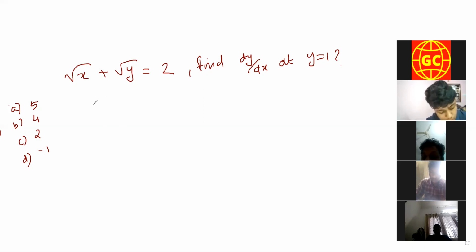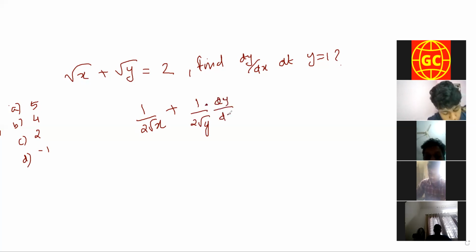So first do this. What is the derivative of root x? 1 by 2 root x, isn't it? Plus what is the derivative of root y? 1 by 2 root y into dy by dx.